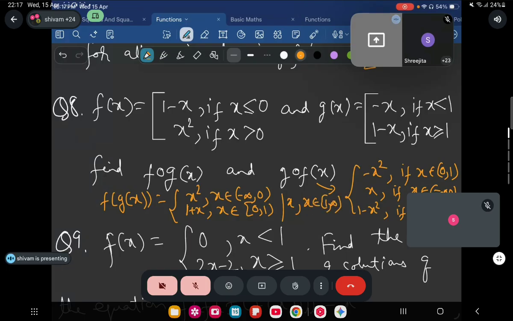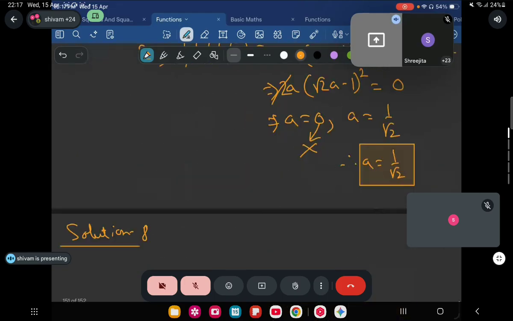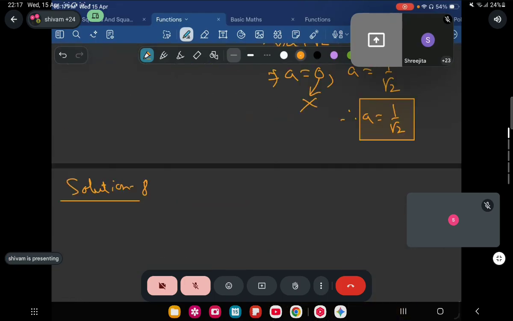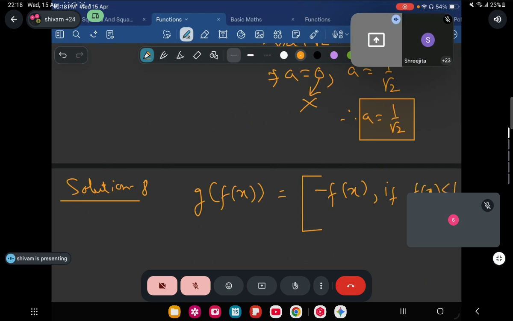So Ipsha, I'm going to solve for g of f of x. Pay attention. g of f of x will be equal to minus f of x if f of x is less than 1. Right? It will be equal to 1 minus f of x if f of x is greater than or equal to 1.